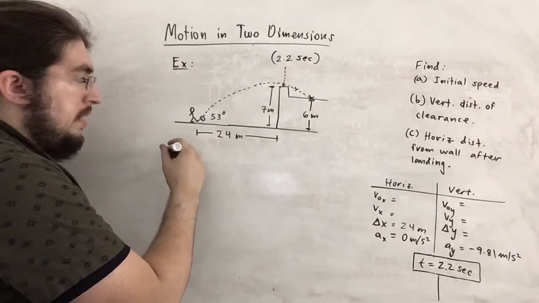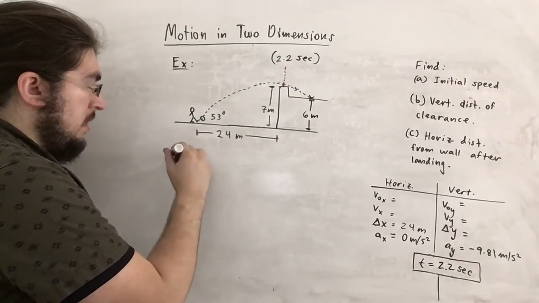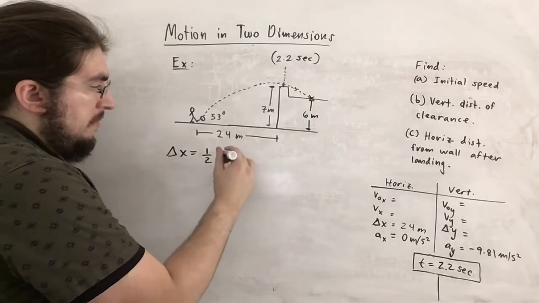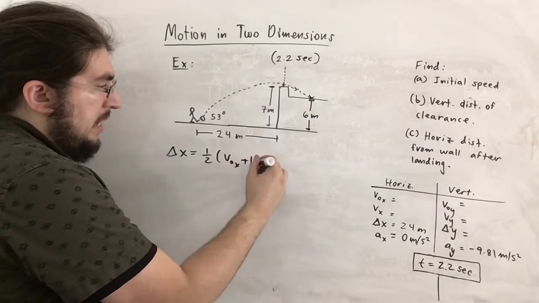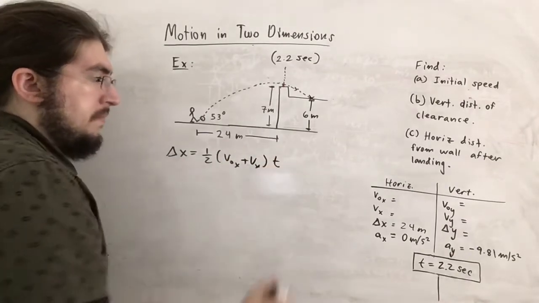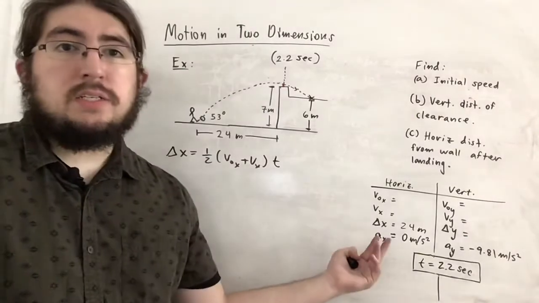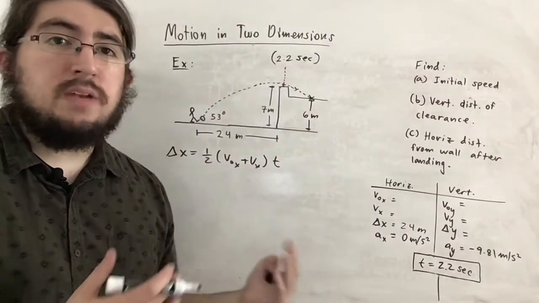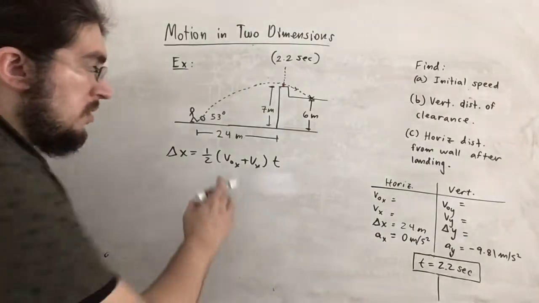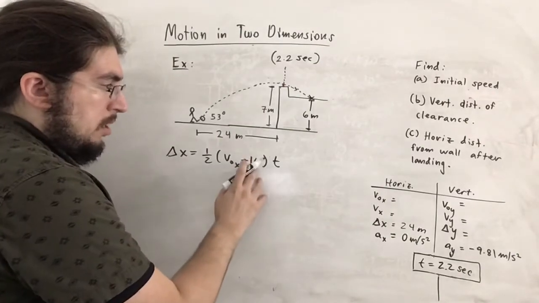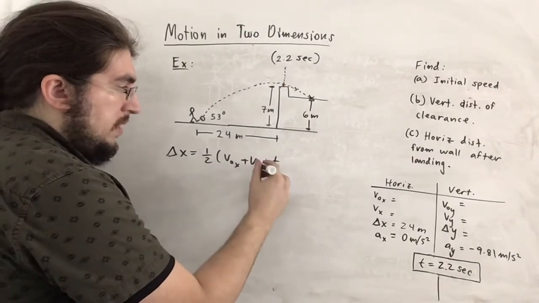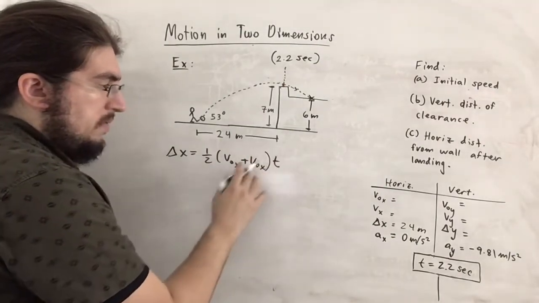So notice that we had this equation, delta x is equal to 1/2 times v naught x plus vx, times t. Now, since the acceleration is 0, there's no change in velocity horizontally. So these are the same. I can call v naught x equal to vx.